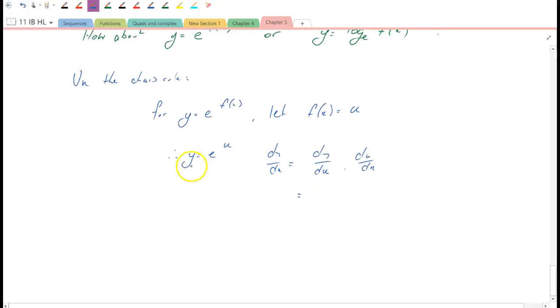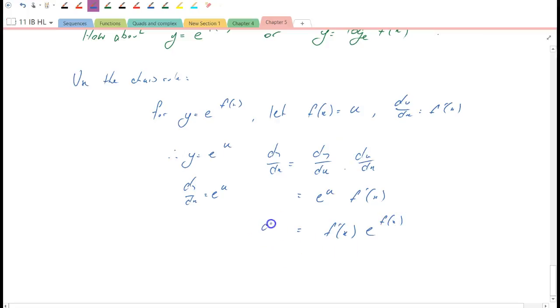dy/du, well, I've got y equals e to the u, so dy/du is e to the u. du/dx, well, if u is equal to the function of x, then du/dx will just equal f dash x, won't it? So what I end up with is f dash x times e to the u, where u is equal to the function of x.